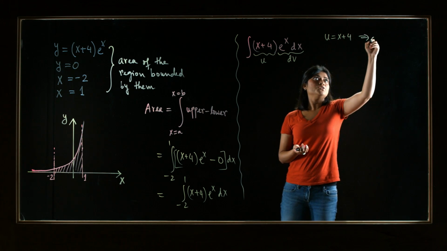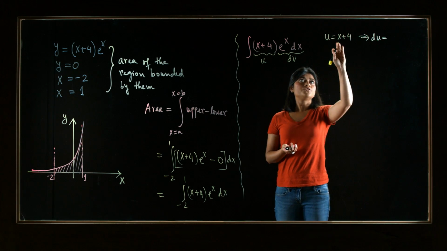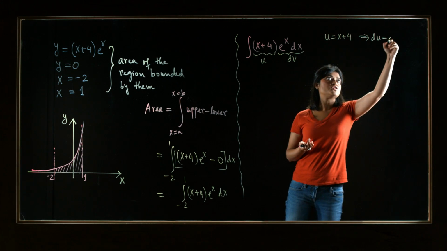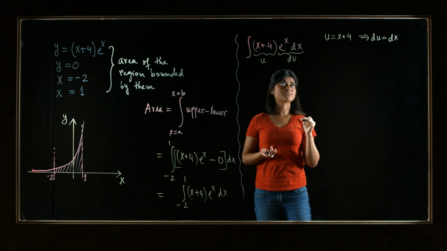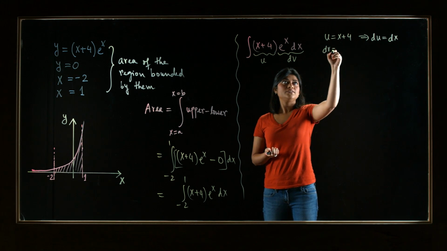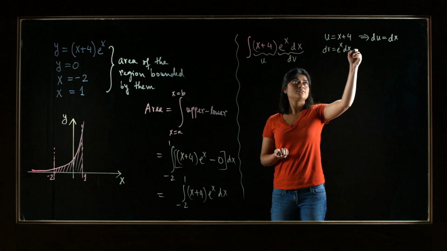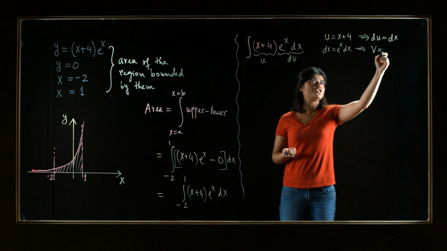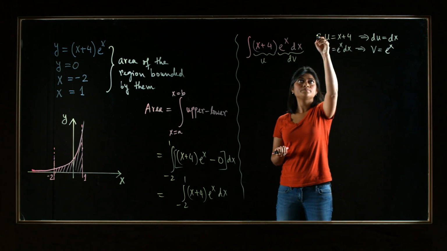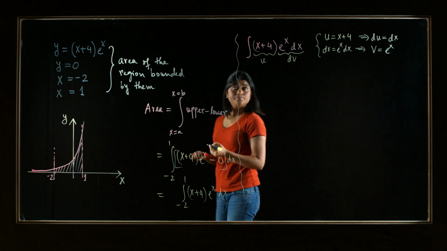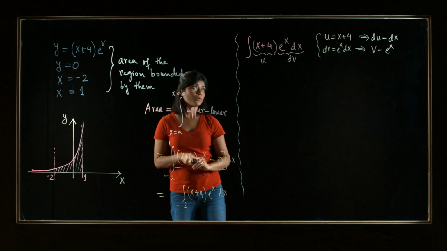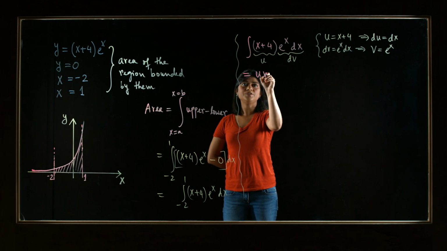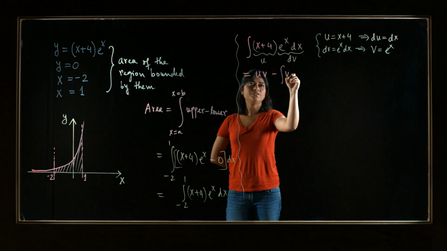So figure out du. Differentiate the right hand side, and that is 1 plus 0, so it's just 1 dx. And then dv is e to the x dx, which means v will be the integral of e to the x dx, which is just e to the x. Now integration by parts says this is equal to uv minus integral of v du.